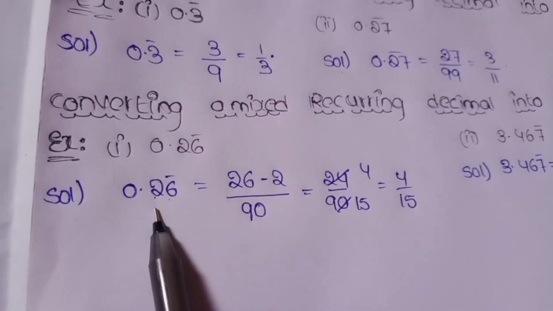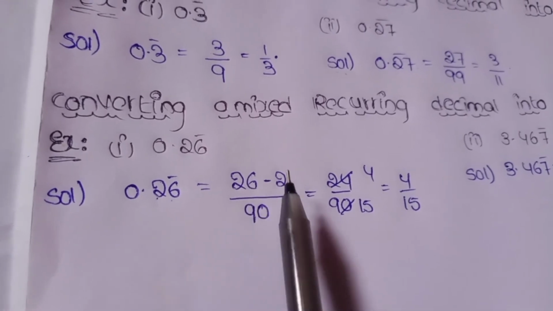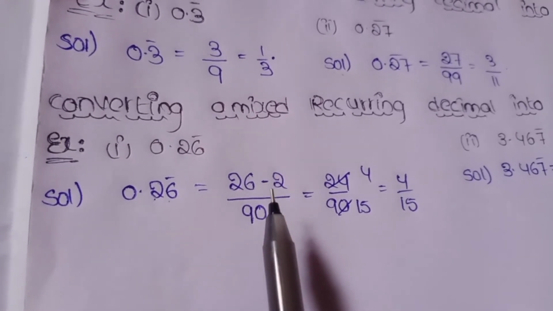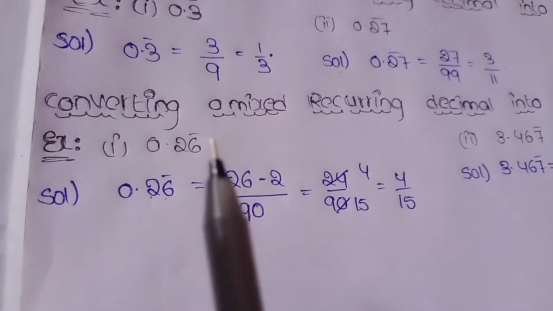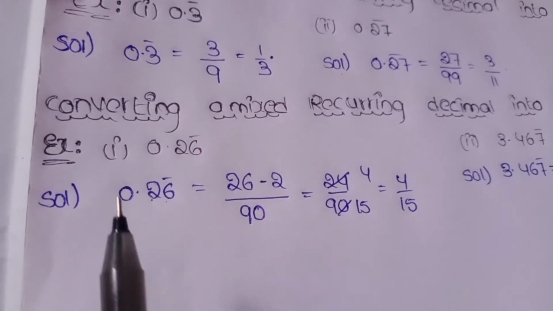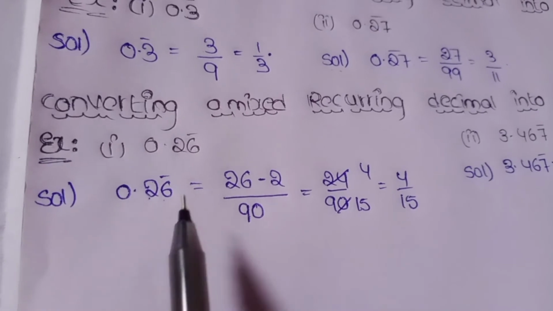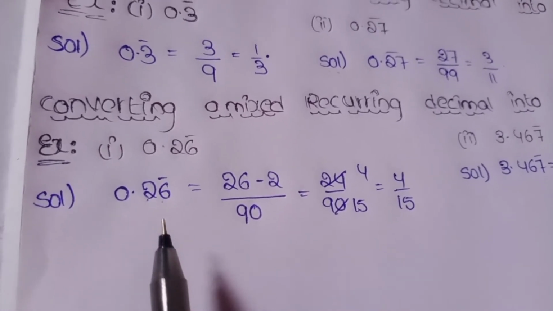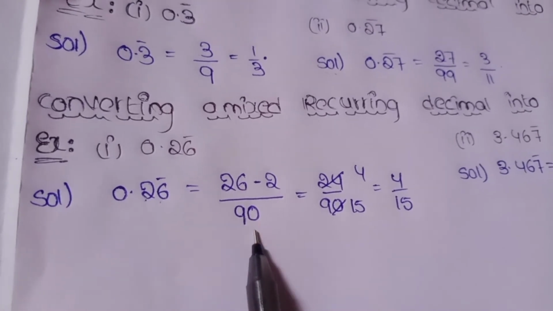Here, what is the non-recurring part? 2. So 26 is subtracted by 2. Coming to the denominator, here how many recurring points? 1. So I have to write 9. Here how many non-recurring points? 1. So I have to write 0. Recurring point has 9 and non-recurring point has 0. That's why I write 90 in the denominator.